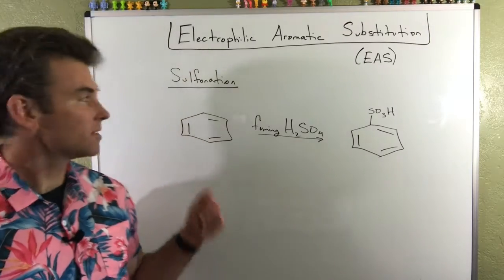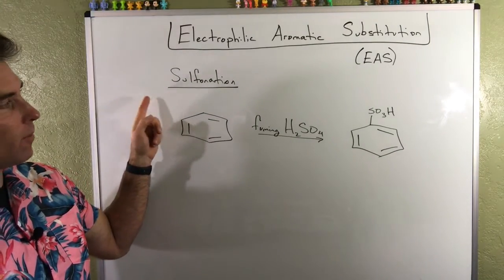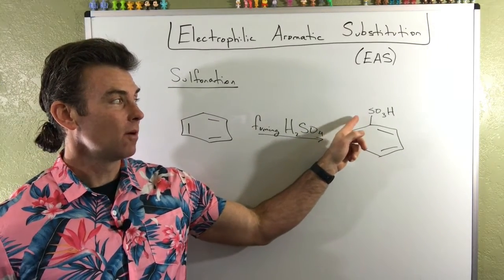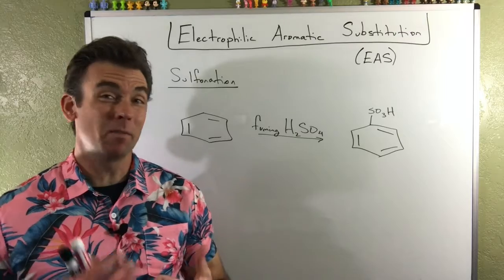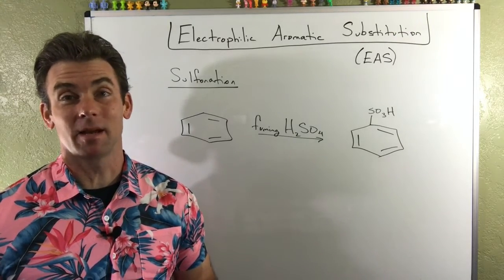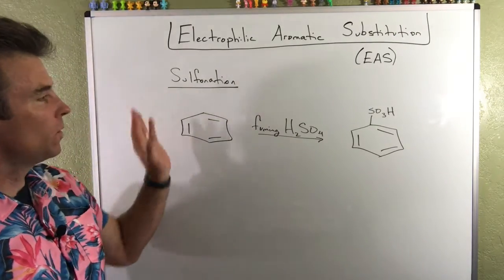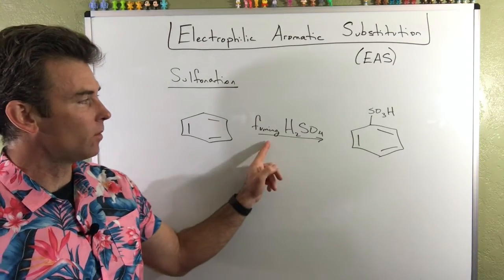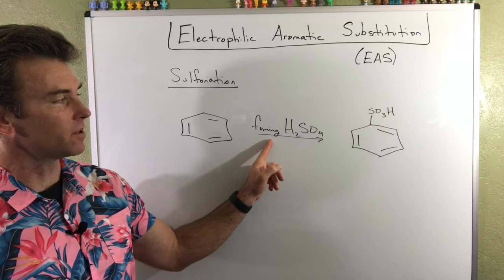Won't talk about a mechanism here, but here's a really helpful reaction, especially for synthetic reasons, right? Because you'll notice that what we have here is kind of the beginnings of that tosylate type compound. And we can actually turn any benzene into a sulfonate with fuming H2SO4.